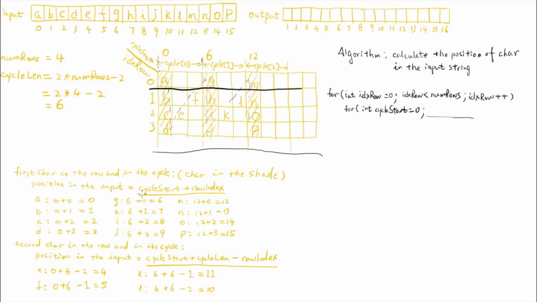And the formula for these characters is here. So the starting condition in the inner loop will be cycle start plus the index of the row smaller than string length.